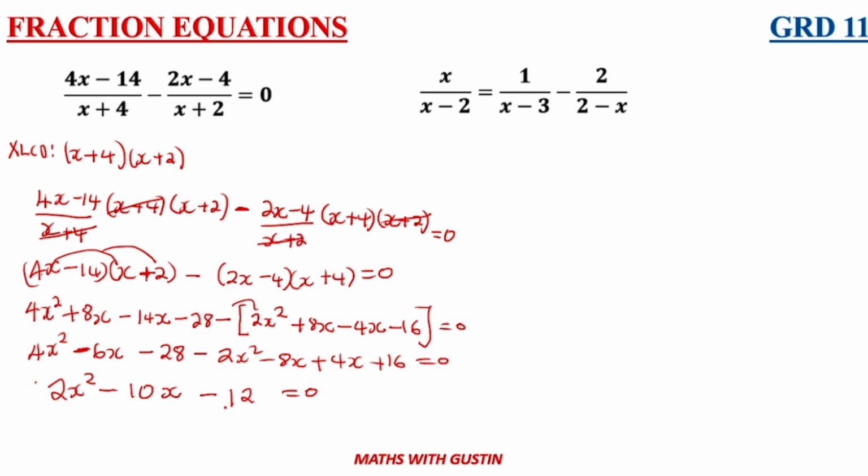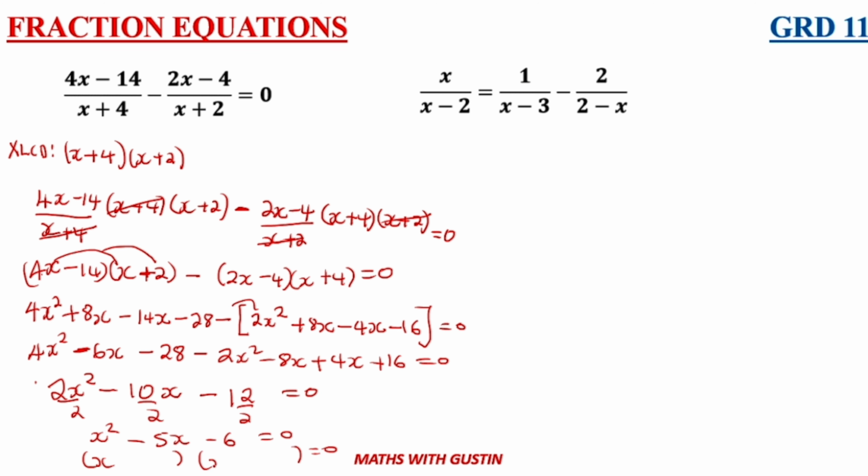All right, so therefore this is equal to 0. Therefore we need to divide everything by 2. You can see all the numbers are multiples of 2, so divide everything by 2 here. Therefore we're going to be left with x squared minus 5x minus 6 is equal to 0. Therefore this is a trinomial. We need to factorize the trinomial.